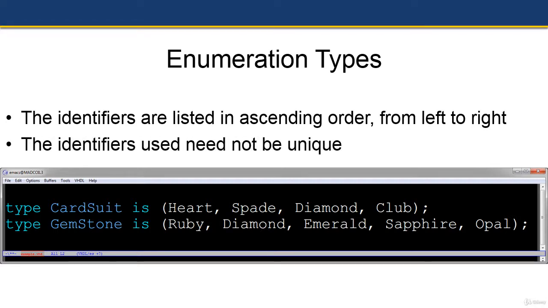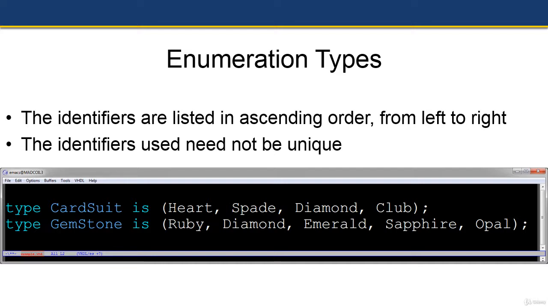Now, something else to consider here is that the identifiers are listed in ascending order from left to right. Given the above example, ruby is less than emerald, diamond is greater than spade, and sapphire is less than opal.